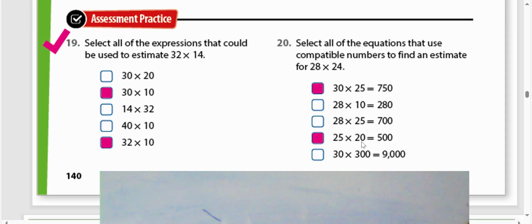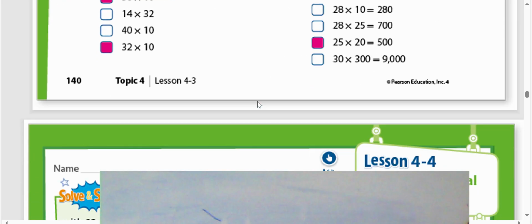Okay, you can use this method also by using approximating. Using compatible numbers, 28 nearest to 30 and 24 nearest to 25. True. We have a lot of methods to find the answer.